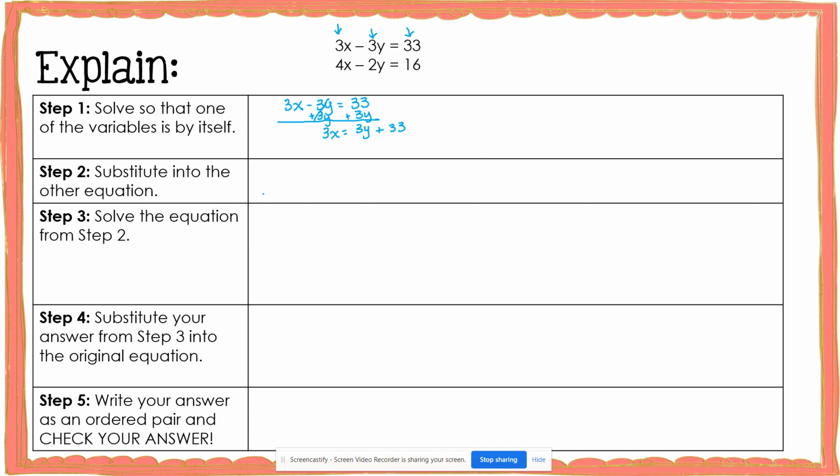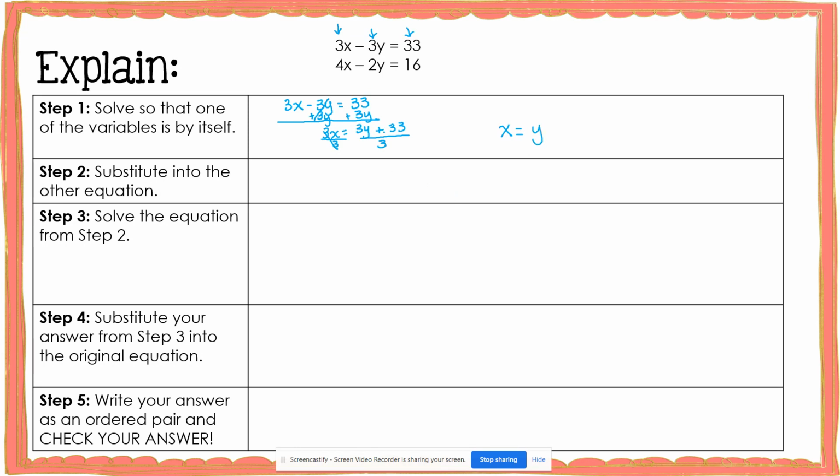Now, x is still not by itself, so you see that x has to be divided by 3, so we would divide by 3 on both sides. Well, that leaves us with x equals, and remember, when you have to divide like this on this side of the equation, every term has to be divided by that 3. Well, 3y divided by 3 is 1y, or that's the same as just y.